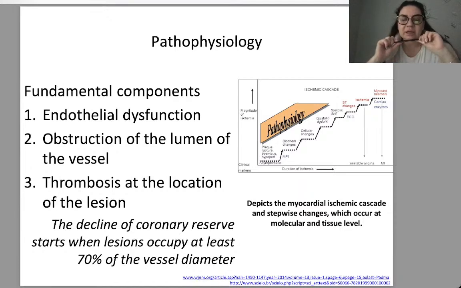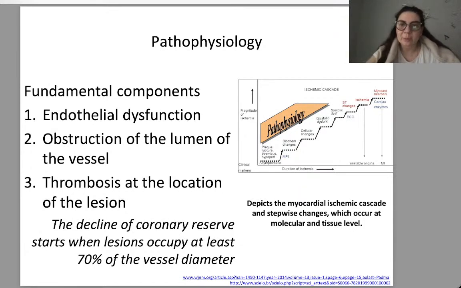The next mechanism is connected with atherosclerosis first of all, but can be connected with other causes. It is obstruction of the lumen of the vessel. One more time, it can be obstruction by plaque, obstruction by spasm, or for example obstruction of small vessels with microvasculature obstructions.